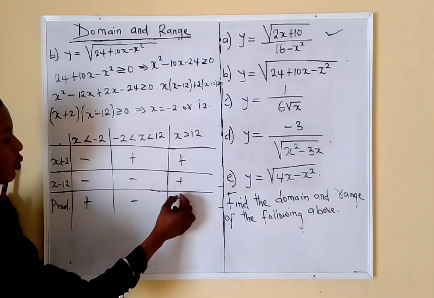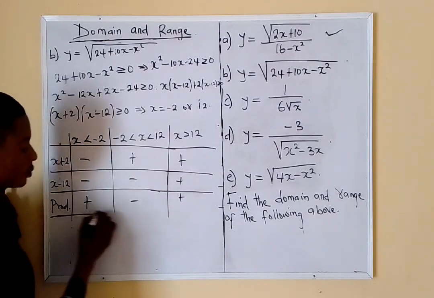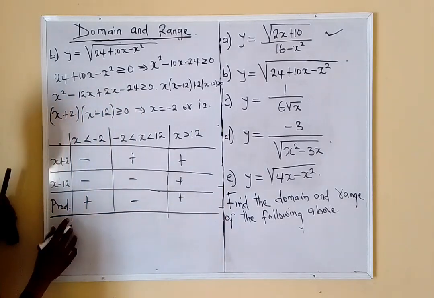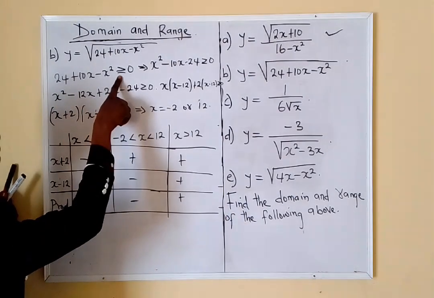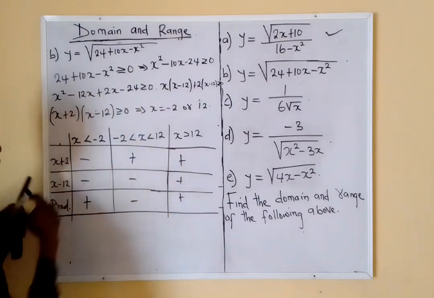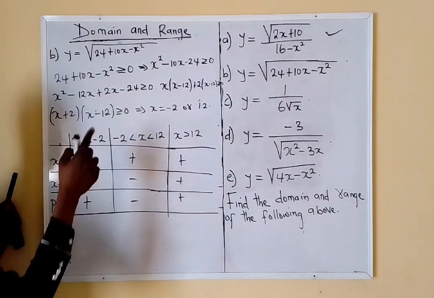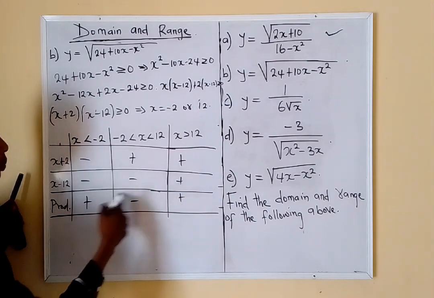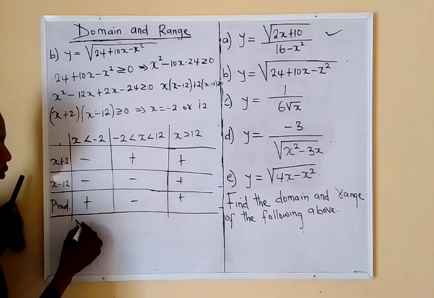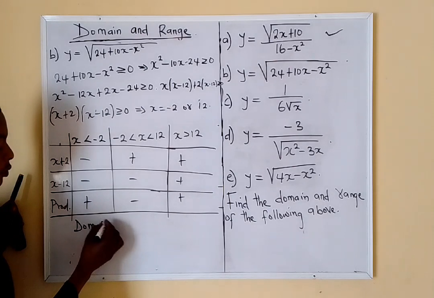That means our domain will be the ranges that are greater than or equal to -2, and greater than or equal to 12. So these are the two values for our domain.